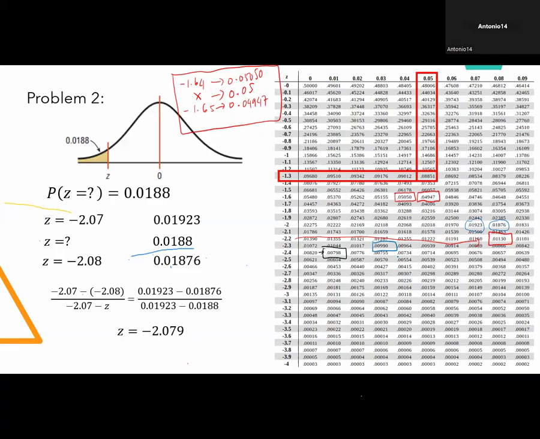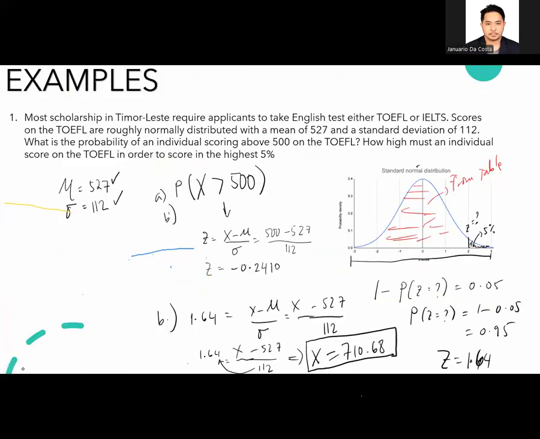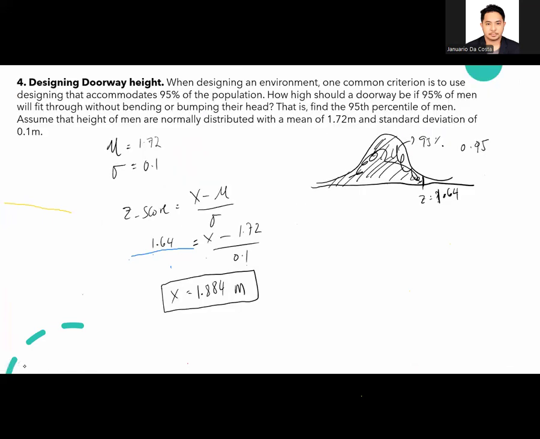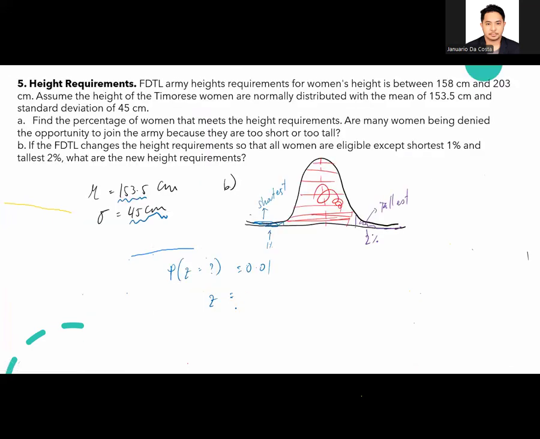Yes, that will be negative 2.33. Okay, what about the tallest 2%?